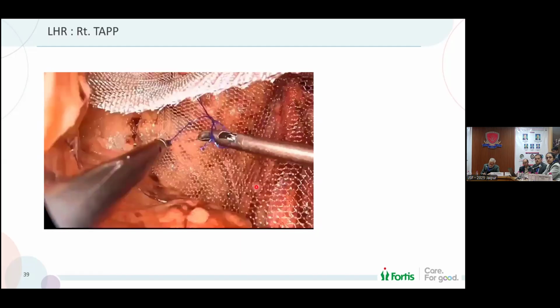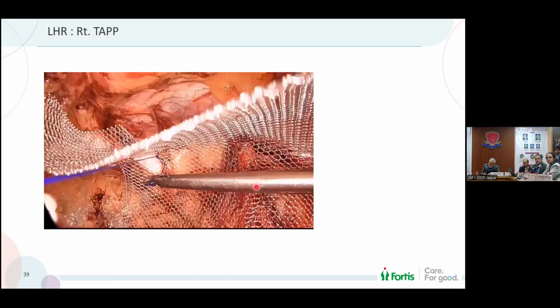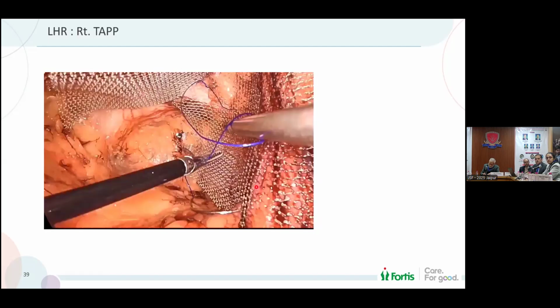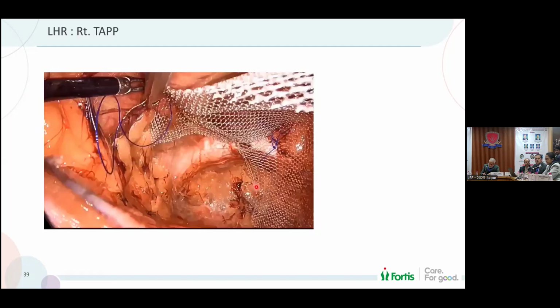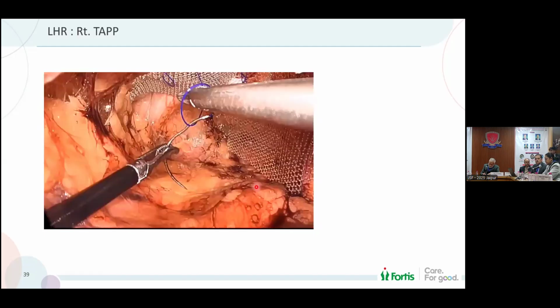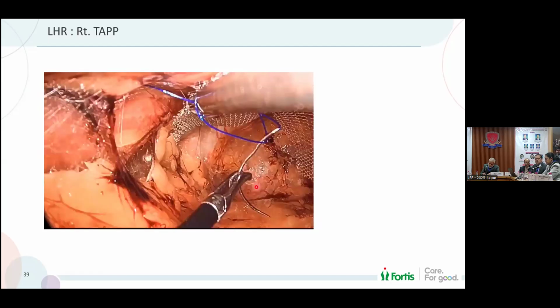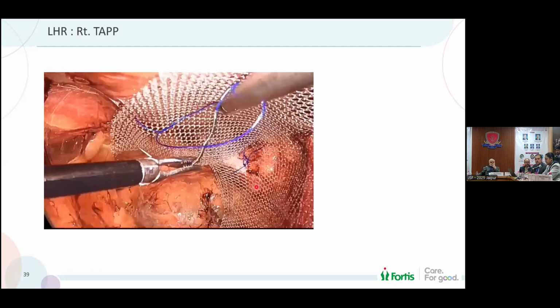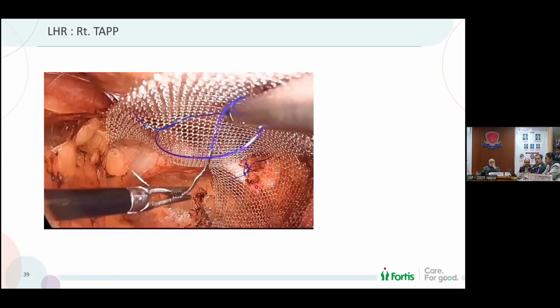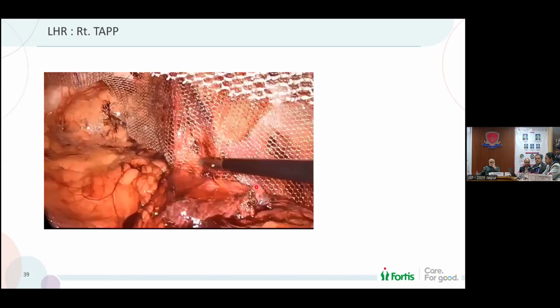So it's better to learn the suturing, endoscopic suturing, and fix the mesh by suturing. And after that, we suture the peritoneum incision that we have created. That way we extraperitonealize the mesh completely.